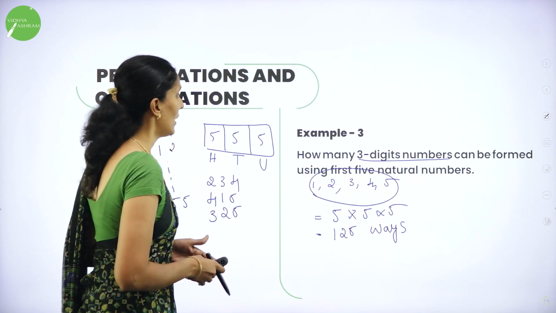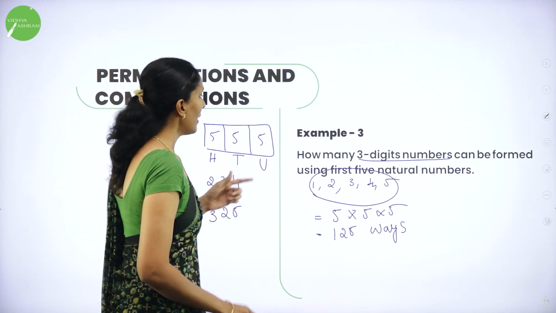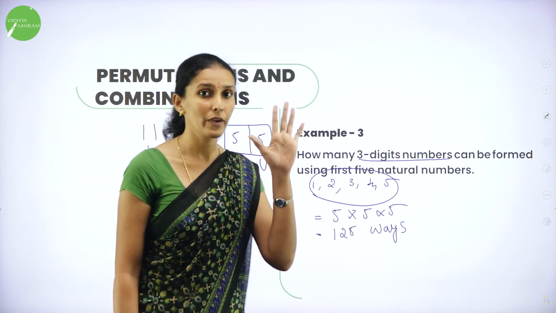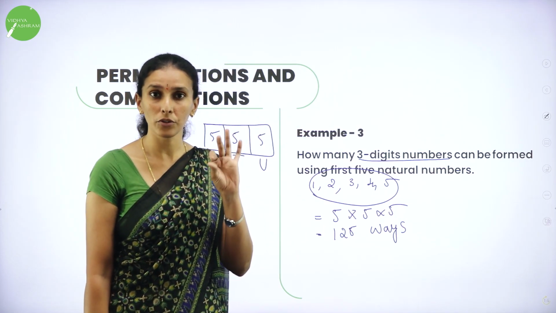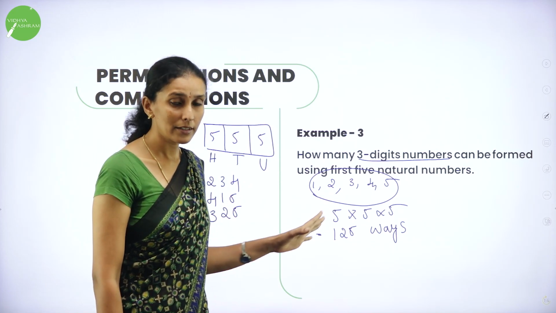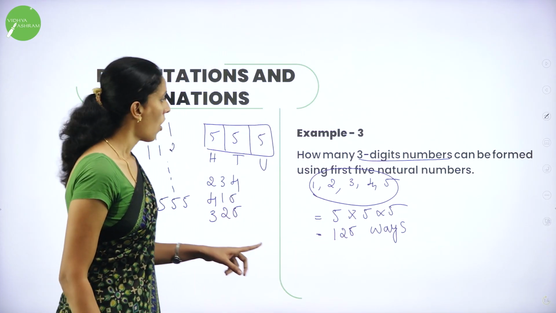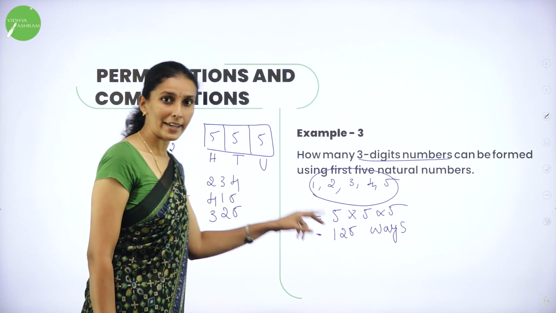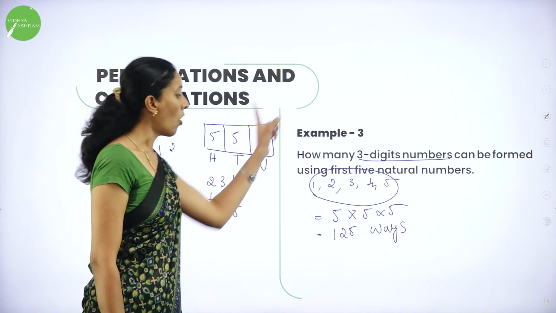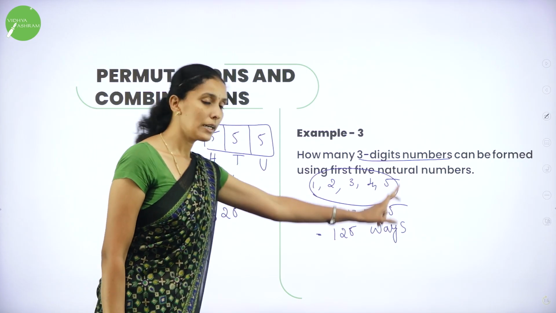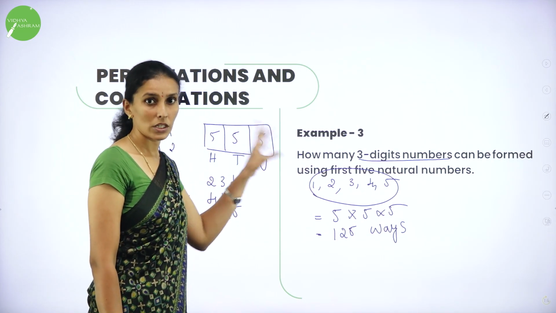Let me once again tell you how many 3 digit numbers can be formed using the first 5 digits. We have the first 5 digits, that is 1, 2, 3, 4, 5. A 3 digit number has a units place, tens place and hundreds place. All the numbers from 1 to 5 can take the hundreds place, the tens place, and the units place.